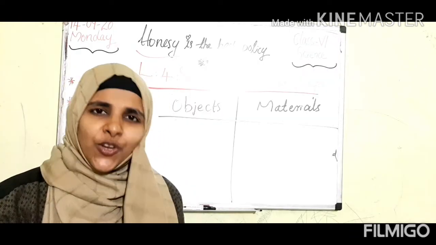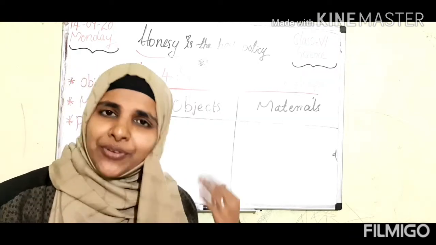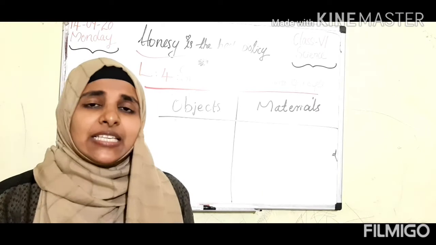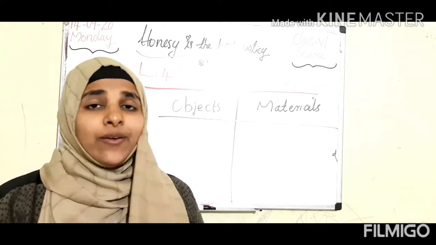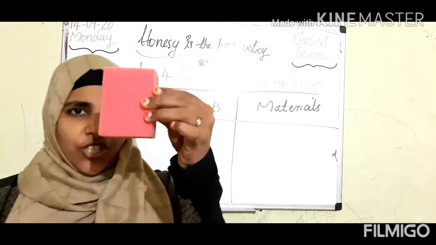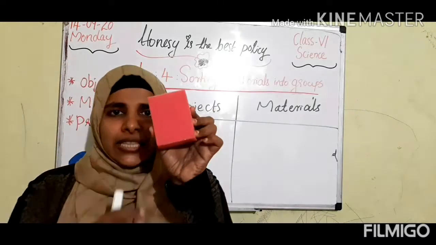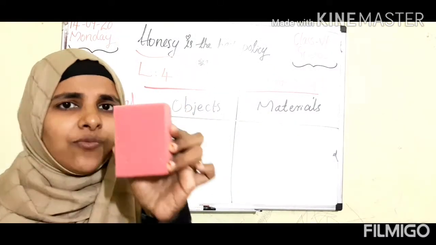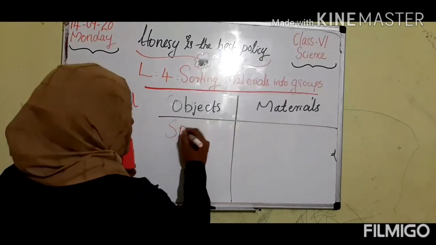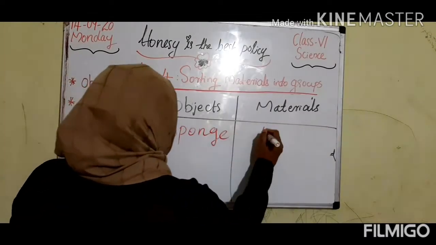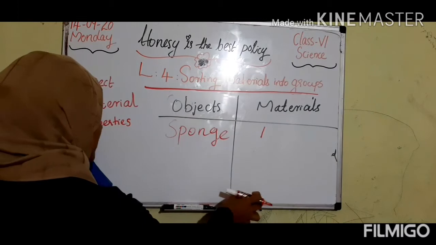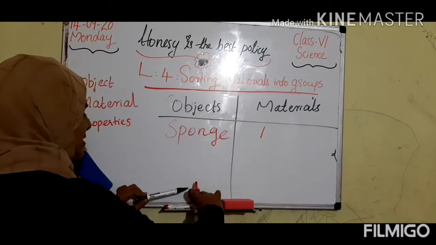So dear children, we know that objects are made from different types of material, is it? Some objects are made from only one material. This is a sponge, and this object is made from only one material, the sponge itself. But in my hand, one pencil is there.